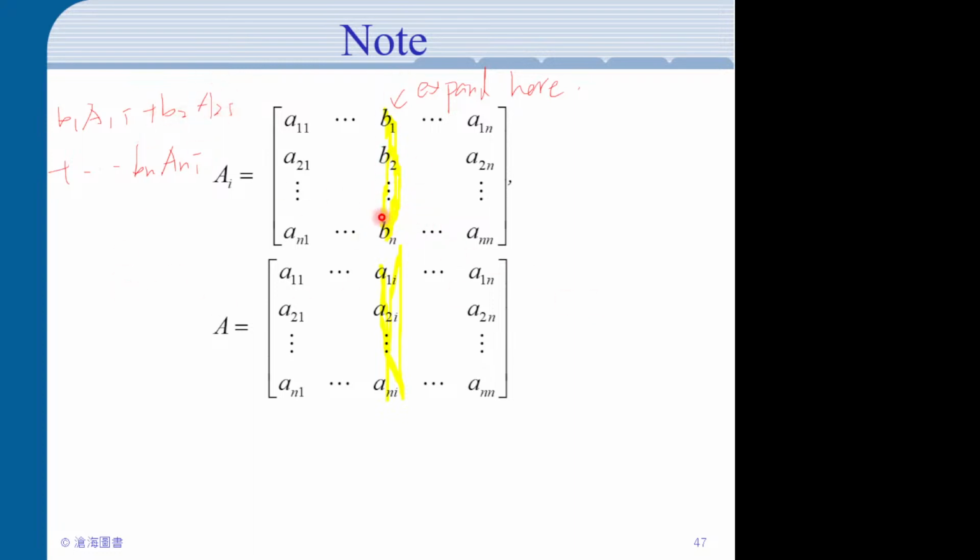All the way to Bn. The cofactor of Bn on Ai is the same as the cofactor of ANi on A. So you see the determinant of Ai expanded on this ith column is just this thing we wrote down. It's B1 times A1i, B2 times A2i, all the way to Bn times ANi.